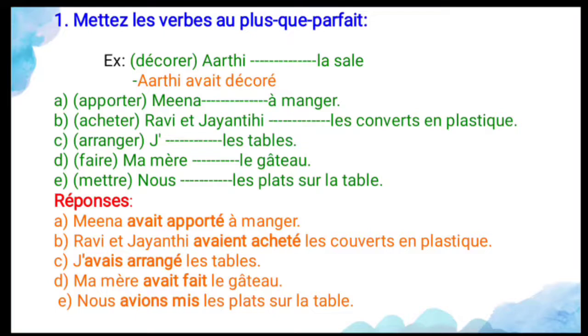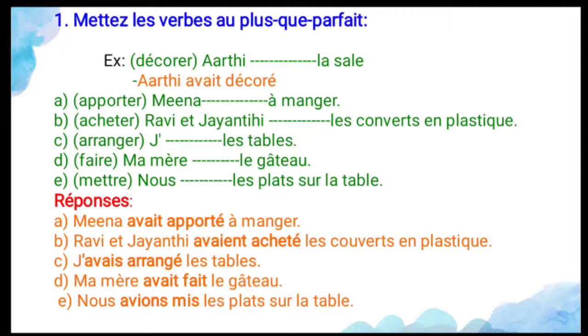So Ravi et Jayanti avaient acheté les couverts en plastique. So it means Ravi and Jayanti had purchased the plastic cutlery. If one boy and one girl are there, you always use the subject ILS only.